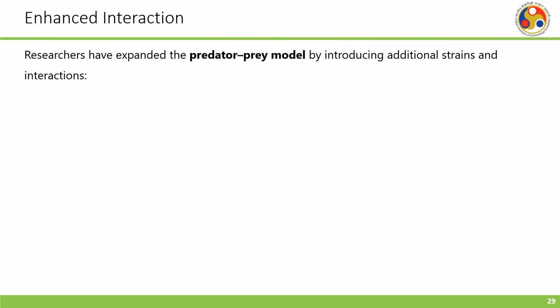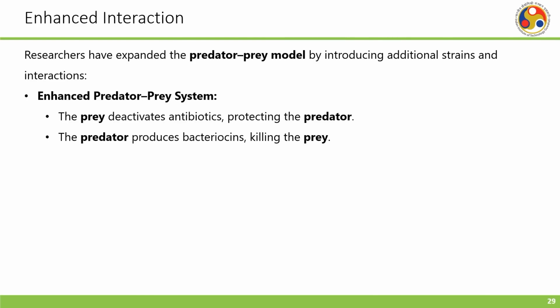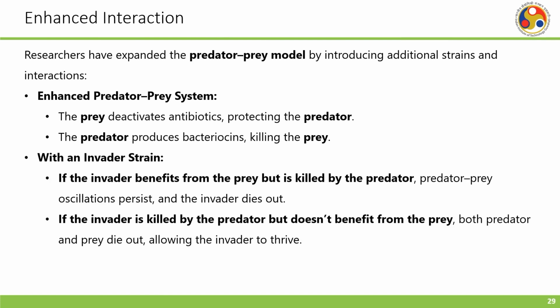So, here researchers have expanded this predator-prey model by introducing additional strains and interactions. In the enhanced predator-prey system, the prey deactivates antibiotics, thereby protecting the predator. Predator produces bacteriocins, killing the prey. With an invader strain, if the invader benefits from the prey but is killed by the predator, predator-prey oscillations persist and the invader dies out.